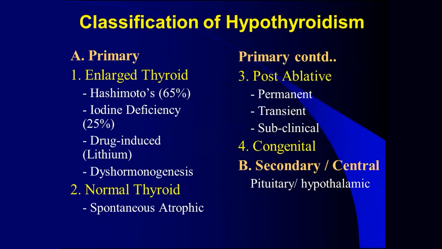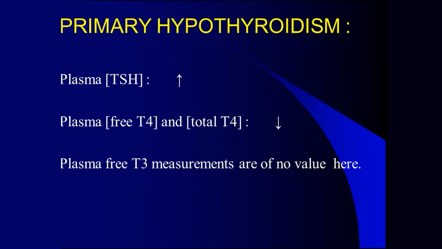Secondary hypothyroidism is when there is a problem in the pituitary hypothalamic axis. The classical pattern in primary hypothyroidism, which is the most common form, is that the TSH levels are elevated, the FT4 or T4 levels are reduced, and plasma T3 measurement is usually of no value here because in most cases the FT3 or total T3 levels are normal.